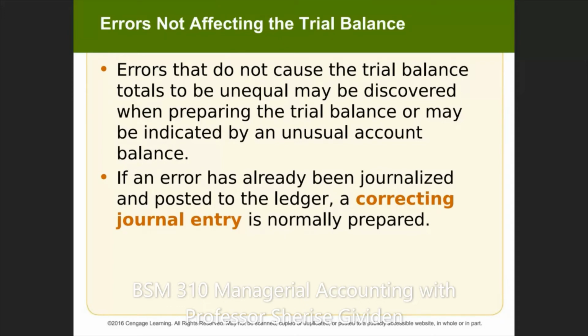The normal reason for that would be there are two accounts on one side that are off. Maybe two debit accounts, maybe two credit accounts, but there's two accounts at least on one side that are off, and that is why we have an error in our trial balance, even though it's still balancing.